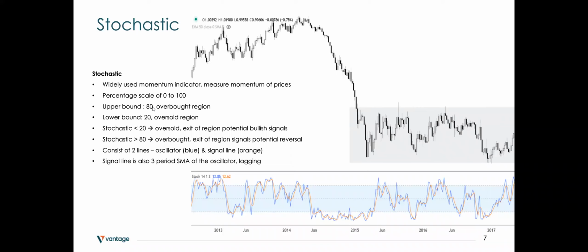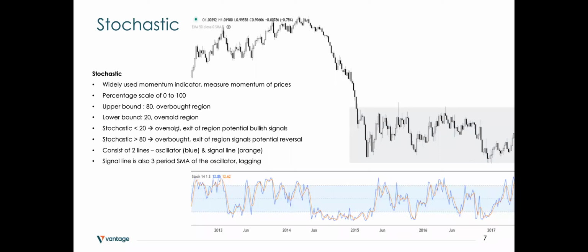Anything above 80 is considered an overbought region, where there's a lot of buying, and once you enter this region, people consider it overbought and are ready to sell. The lower bound, from 0 to 20, is considered an oversold region. When people are selling a particular instrument and it enters an oversold region, people tend to consider that a buy zone.